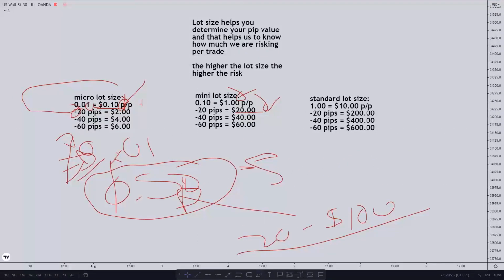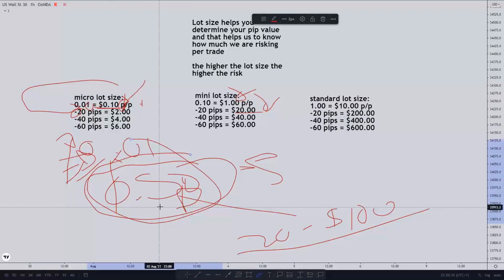If your account allows you to use a higher lot size, then at least know where to stop, right? Don't over risk. So if our account allows us to open like 50 positions of 0.01, right? Instead of us opening 50 of those positions, we can just use a mini lot size, which is going to be 0.50.